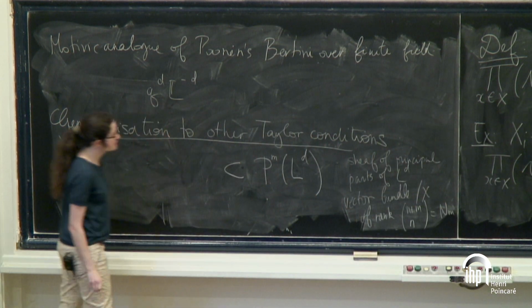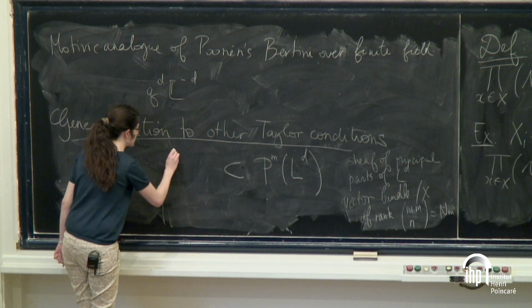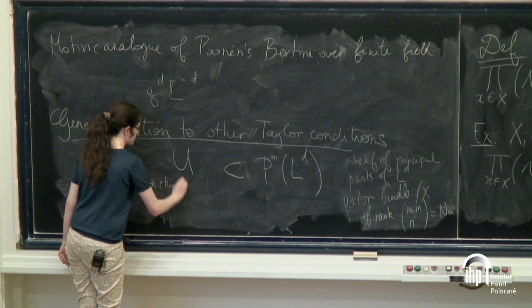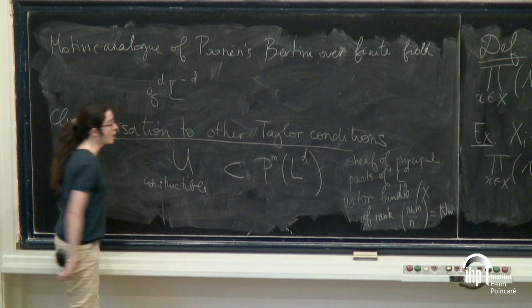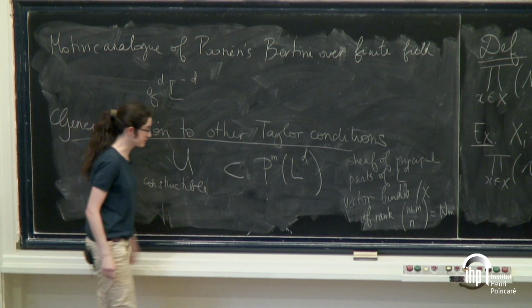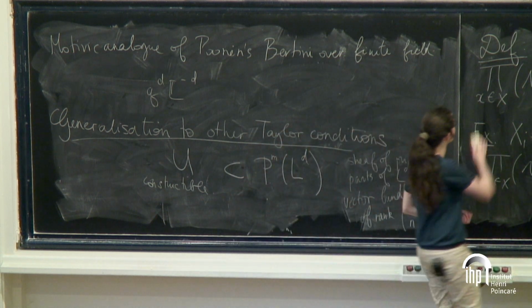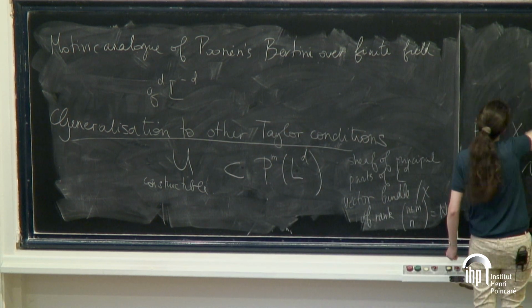And what I mean by a Taylor condition will be just a constructible subset of this sheaf of principal parts. So I'm just choosing among all of these Taylor conditions at every point, I'm just choosing some.